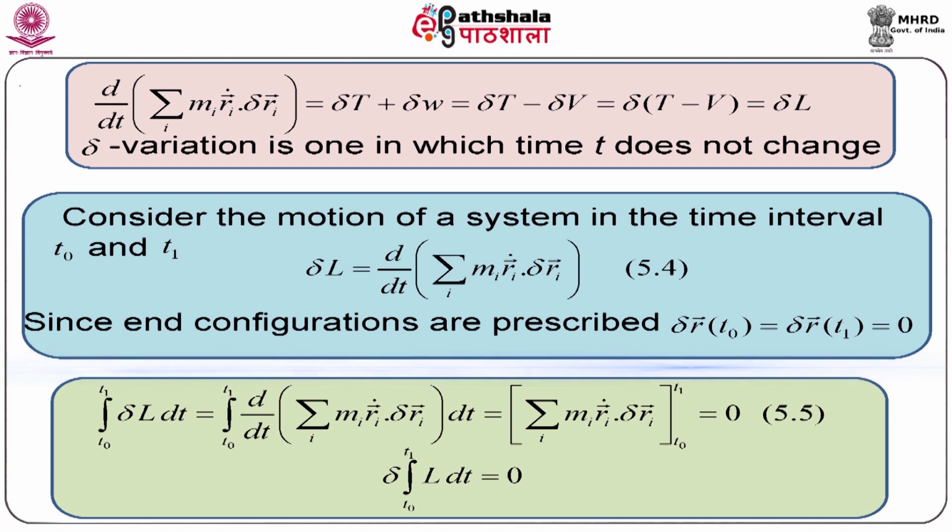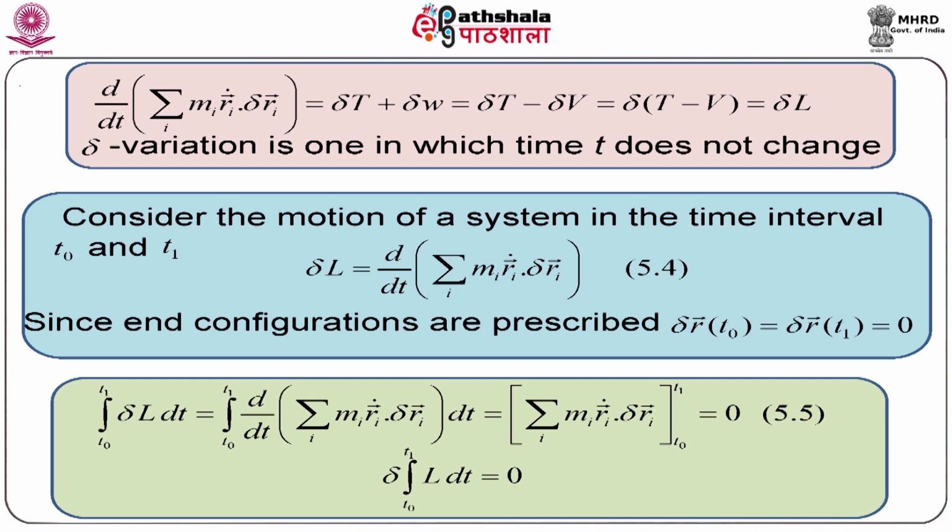We note that delta variation corresponds to a virtual displacement specified by the change delta r vector. Hence, delta variation is one in which time t does not change.